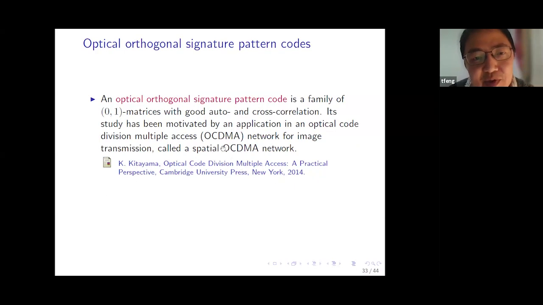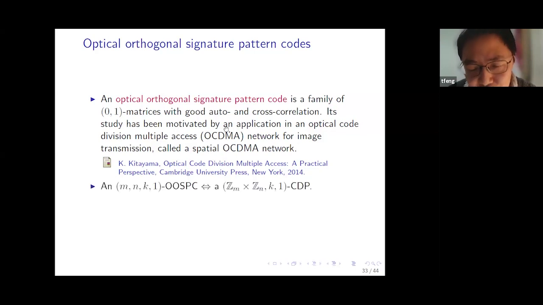In his book, if you are interested, you can find some related topics on this code. And using our language, this code is nothing but a cyclic difference packing defined on the product of two cyclic groups.